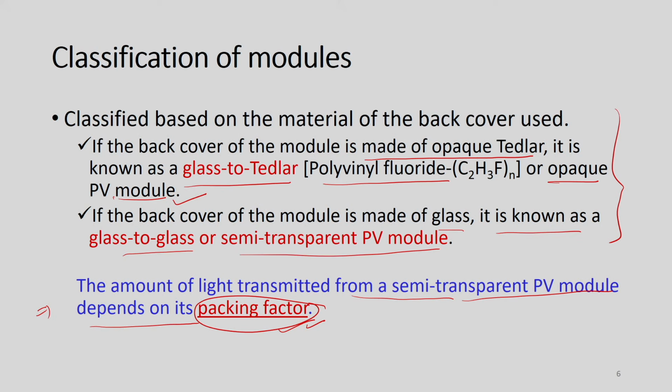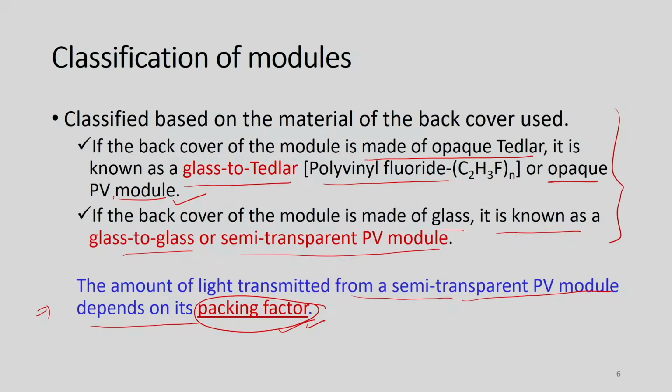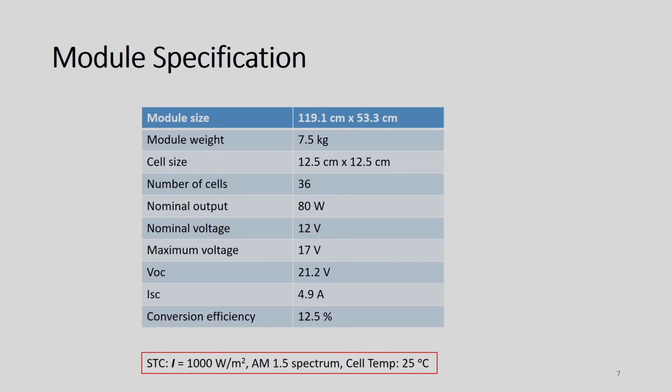So, we will define this factor, and also we will study the efficiency of a module. Since we have the experience of calculating the efficiency of the cell, how this efficiency will be different for modules will be studied in the coming slides. So, this is a standard specification of a module.